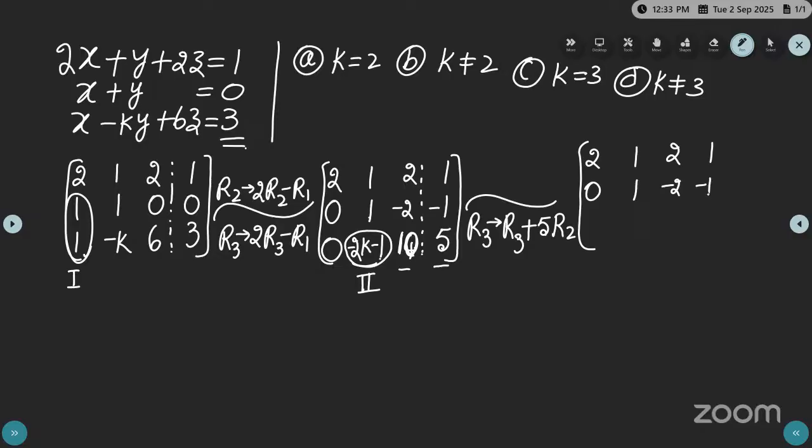Third row: 0, minus 2k minus 1 plus 5, which is minus 2k plus 4; then 10 minus 10, 0; 5 minus 5, 0.